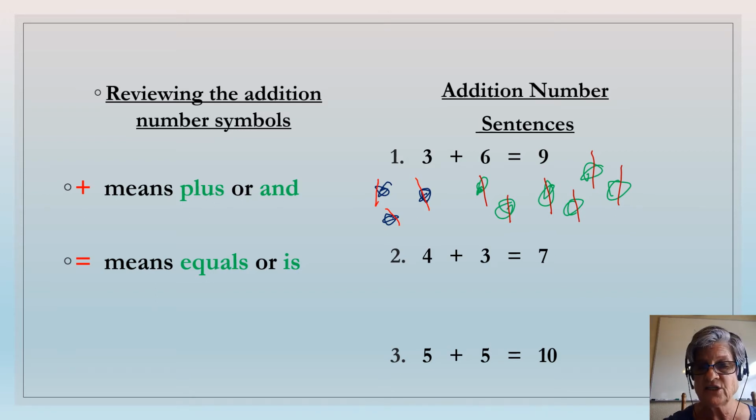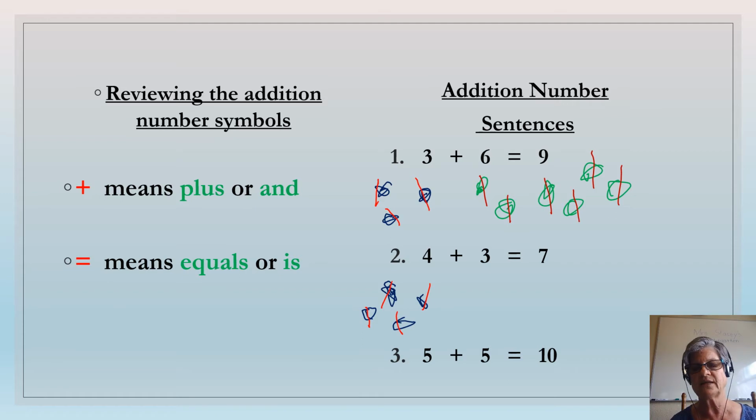So again, just like we did before, we're going to make 4 circles. 1, 2, 3, and 4. I've made 4 circles. And I know there are 4 because I'm going to count them again and put a line through them to make sure I have 4. I have 1, 2, 3, 4. Yes, indeed.